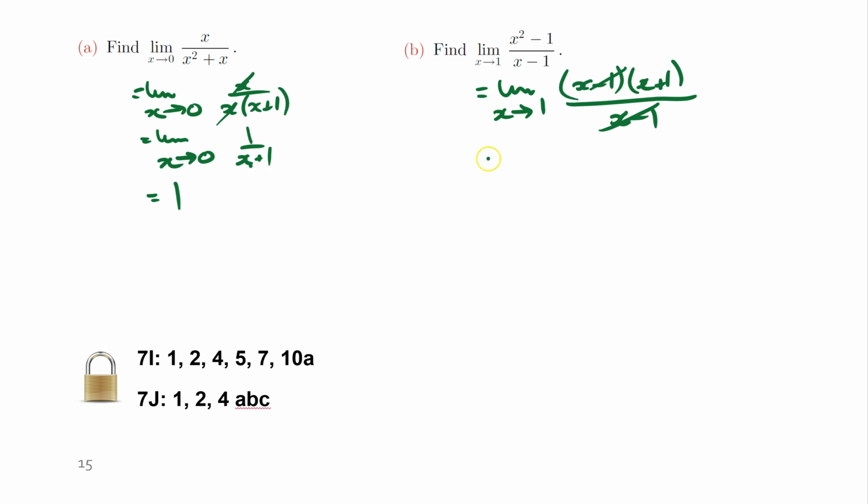So x minus 1 cancels out. We want the limit then as x tends towards 1 of x plus 1, which is going to be 2. So have a go at these. Remember, continuity is sort of, you have to do a bit of blah blah, so you need some words around it. Limits, more of a straight calculation after a little bit of algebraic manipulation.